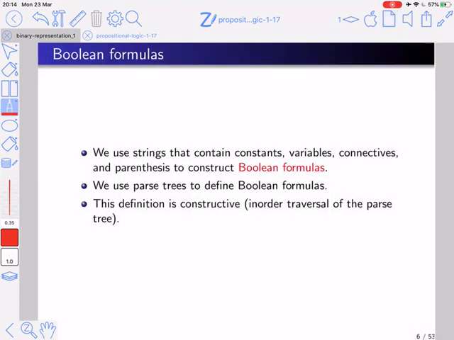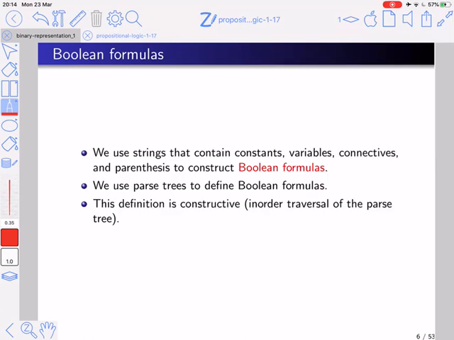Okay, now we want to define Boolean formulas. Let me tell you the plan of how we're going to do this. Boolean formulas are simply strings that contain constants, variables, connectives, and parentheses. So we will use constants, variables, connectives, and parentheses in order to construct Boolean formulas. How will we define Boolean formulas? We will use parse trees to define Boolean formulas.